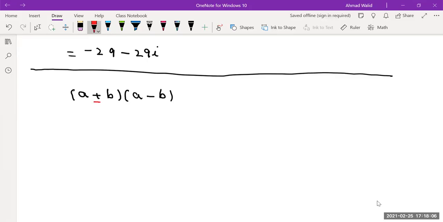Here you have plus sign, here you have minus sign, correct? When you multiply these two, your answer is a squared minus b squared, difference of squares. I'm sure your professor explained to you that the left side, a plus b times a minus b, we call conjugates.